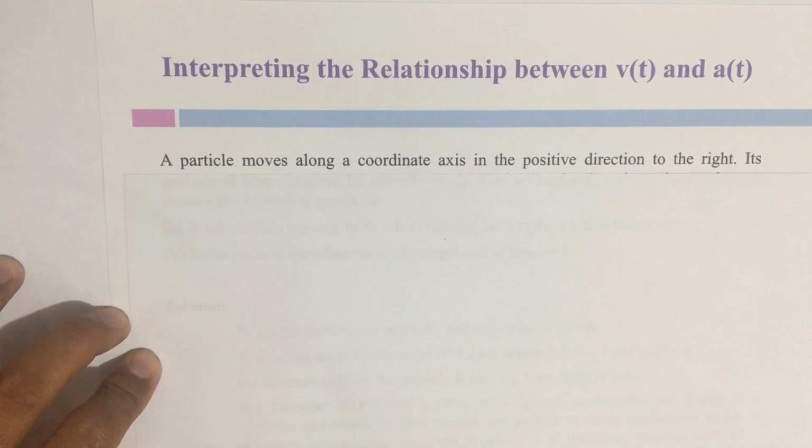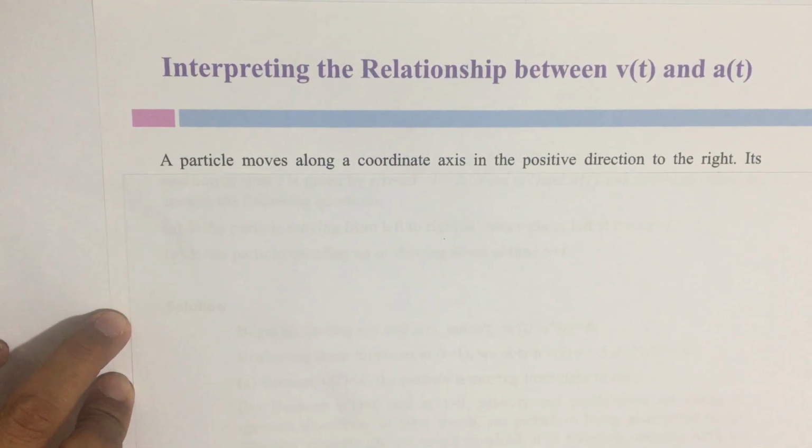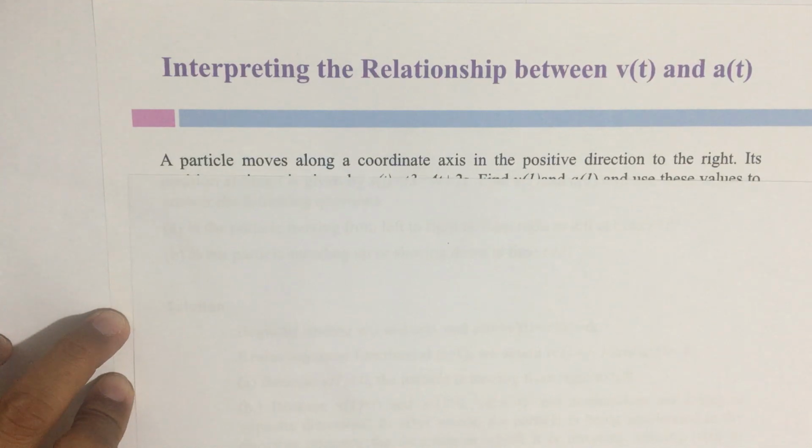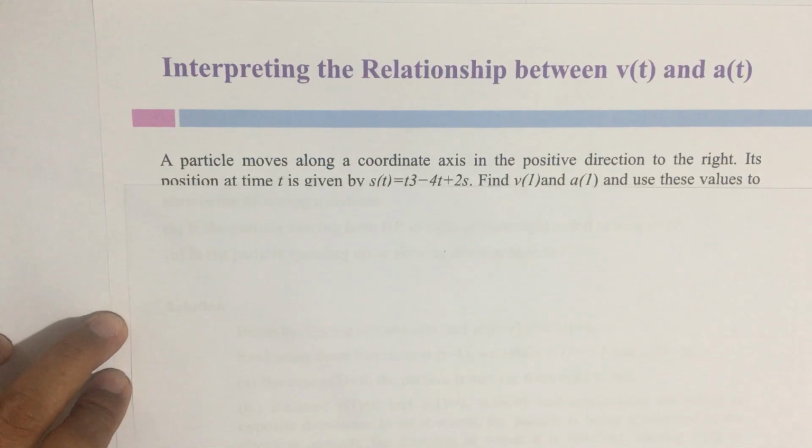This is an example of what we had discussed in our previous videos about rectilinear motion and also the motion along a line. So for example, we have a particle that moves along a coordinate axis in a positive direction to the right, and its position at time t is given by s of t equal to t cubed, or t to the power 3, minus 4 times t plus 2s.